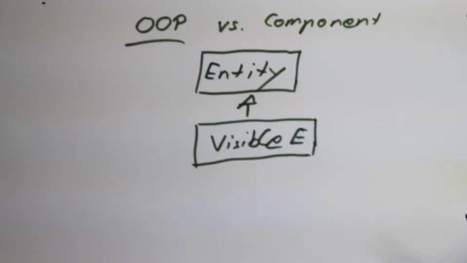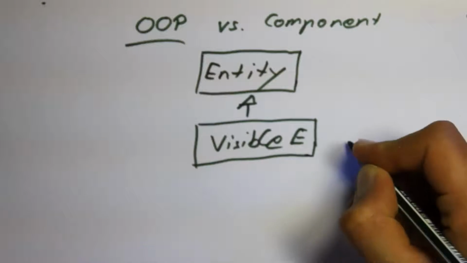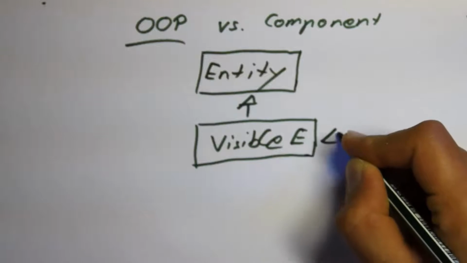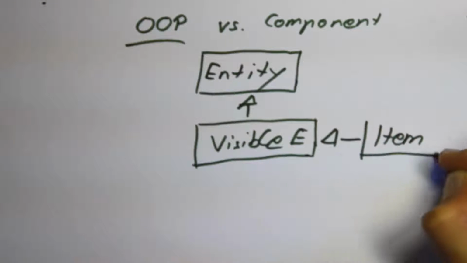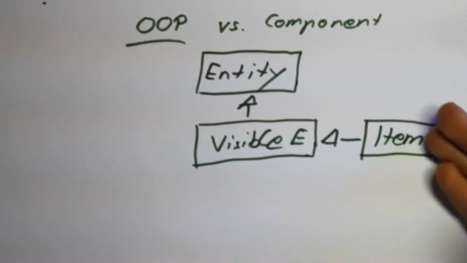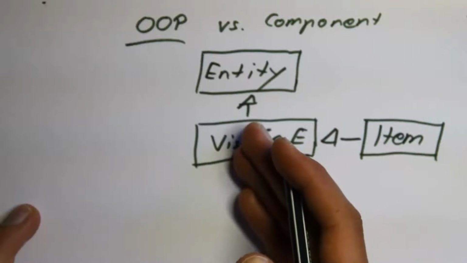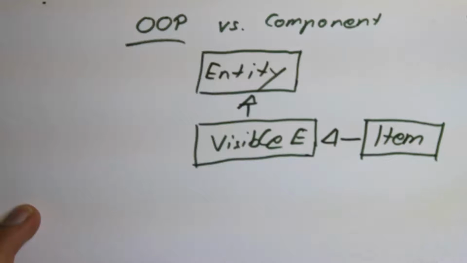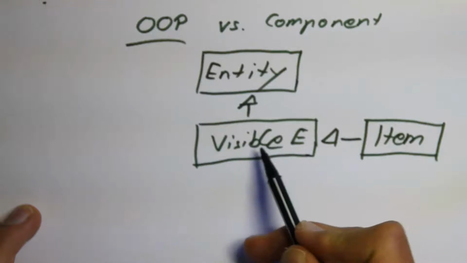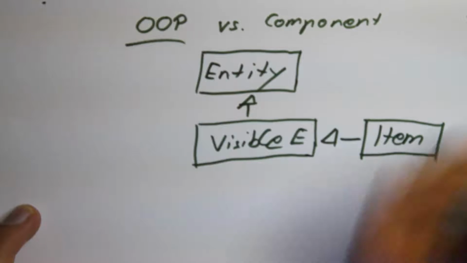For example, let's say we have items in our game, so we would say all items have common behavior, and therefore we actually create a class which is the item, which would then add some item functionality like the inventory functionality, the functionality to grab it up to our usual entity, so the user can interact with that item and can handhold it, for example. And there we would again extend the visible entity and just get a new subclass, which is the item.